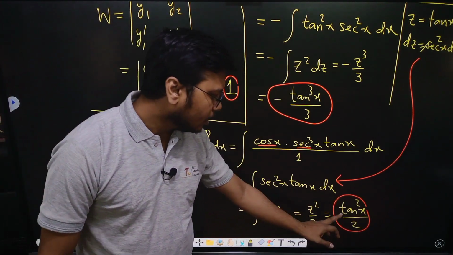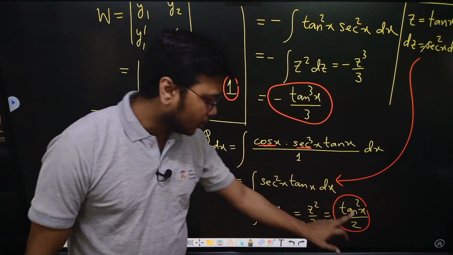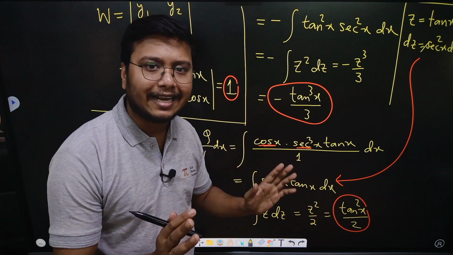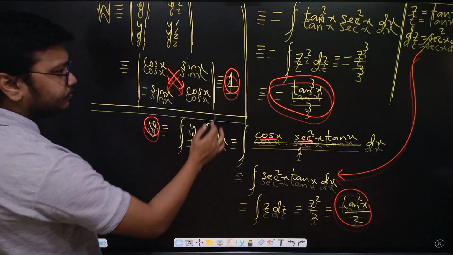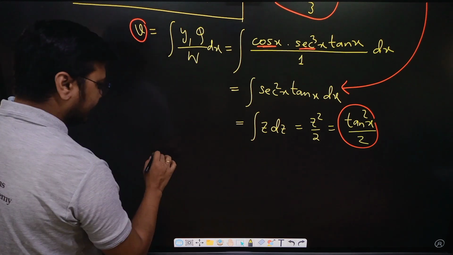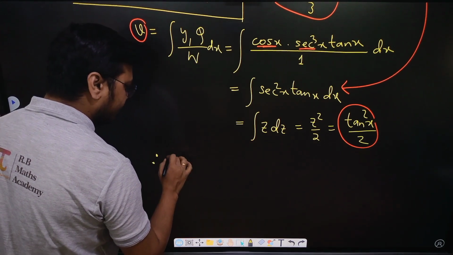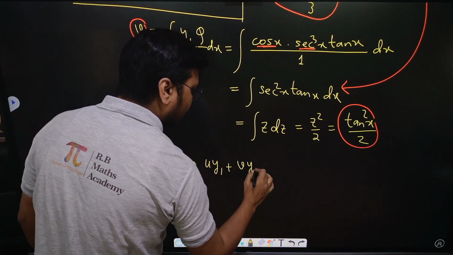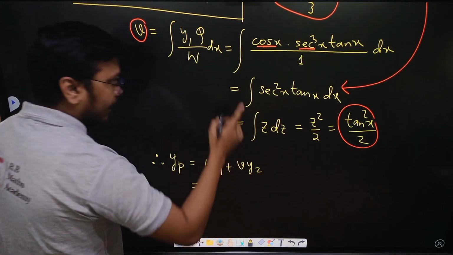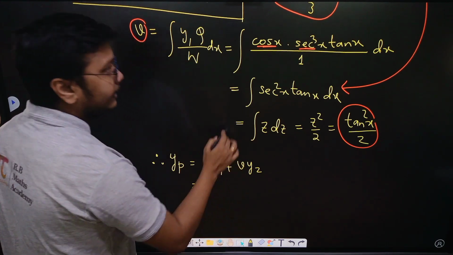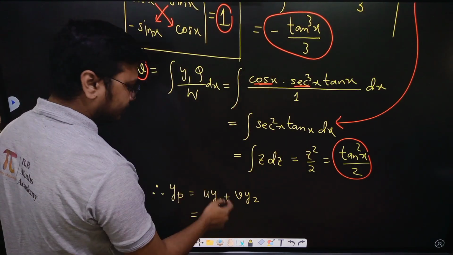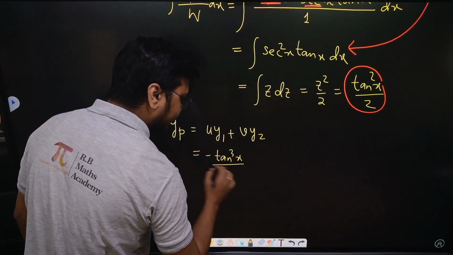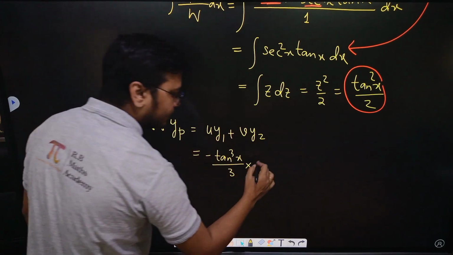So that's our value of v. Okay. So we have got the value of u, we have got the value of v. Now we just need to put it in place of the yp and get the value of yp. Okay. So finally I can say that my yp would be u times y1 plus v times y2, and the u value we have got is minus tan cube x by 3, and y1 value is cos x.